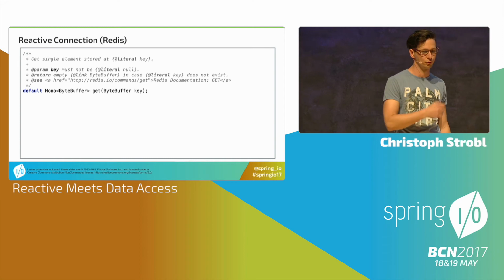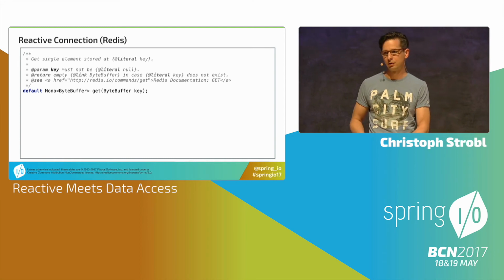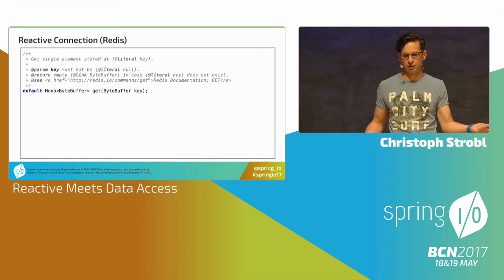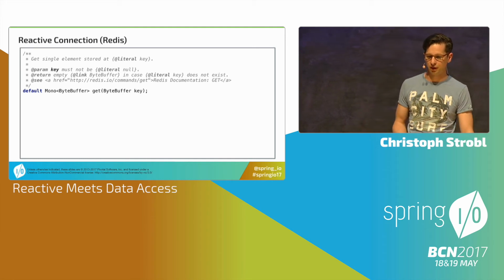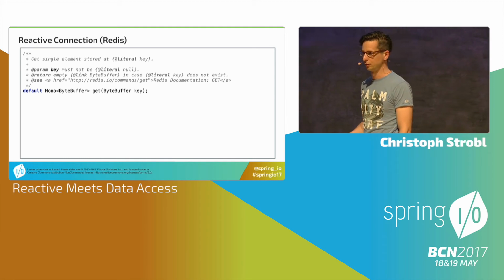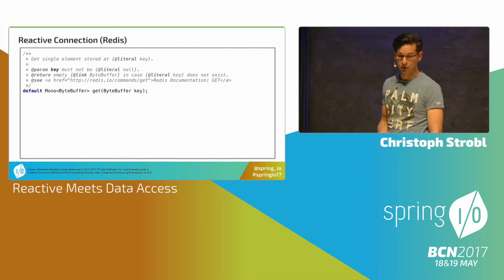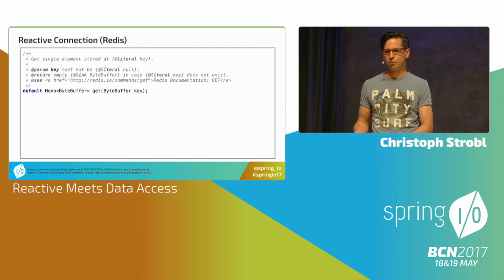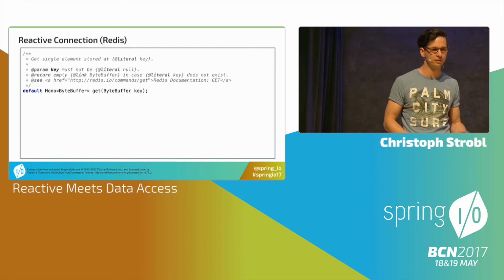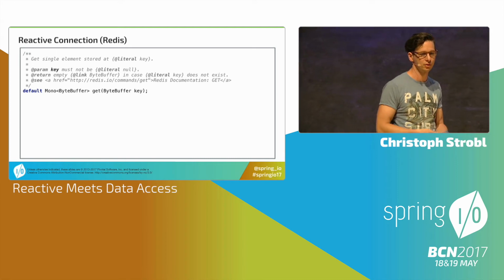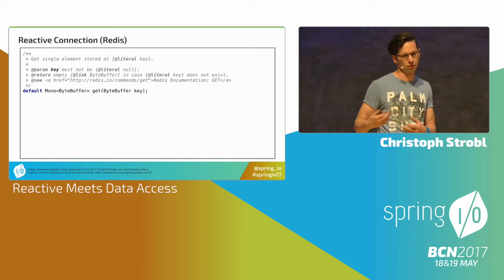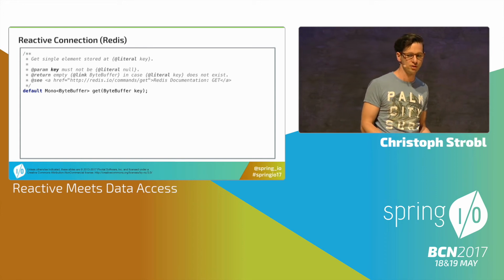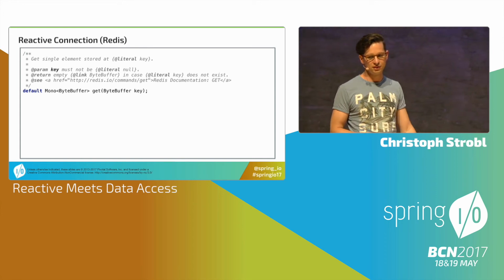And this obviously returns a mono, because the value could be there, or there is no key to fetch, and then it would just return an empty mono. So far, so good. Still, if you would go for a keys command, which would just list all the keys, that would obviously return a flux, because that would be multiple values, or no value at all if there are no keys stored in there. So those are the easy ones.